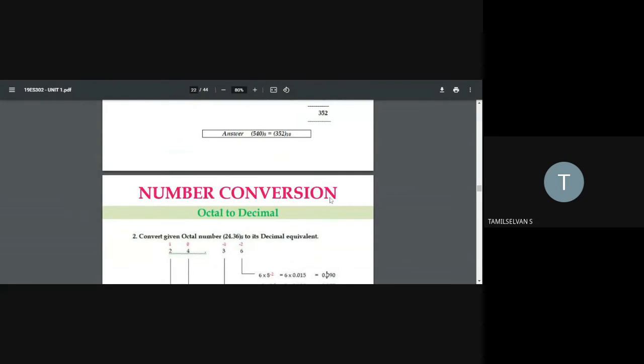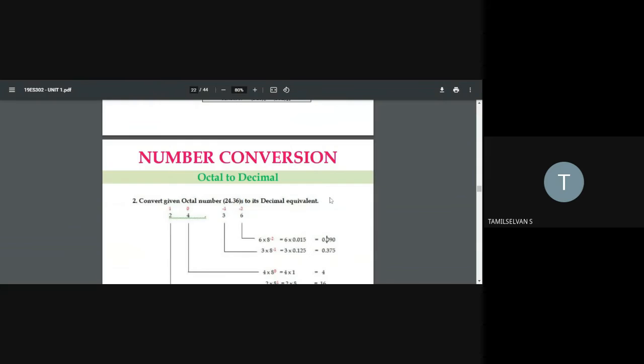For floating point numbers, the same methodology will be followed in the octal number system, the same methodology that we have followed in the binary number system.